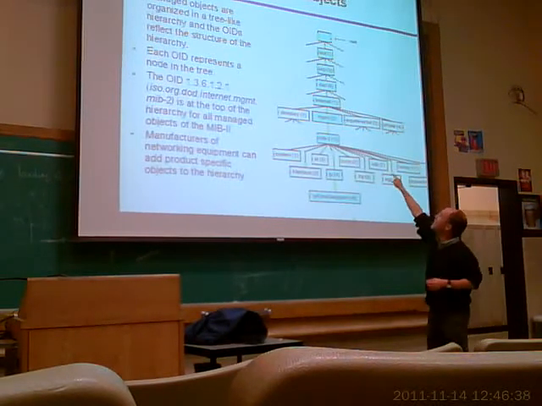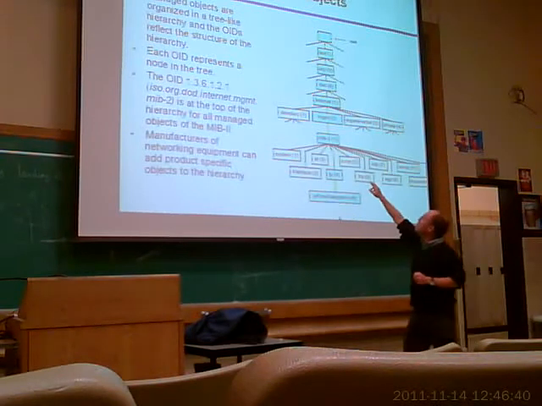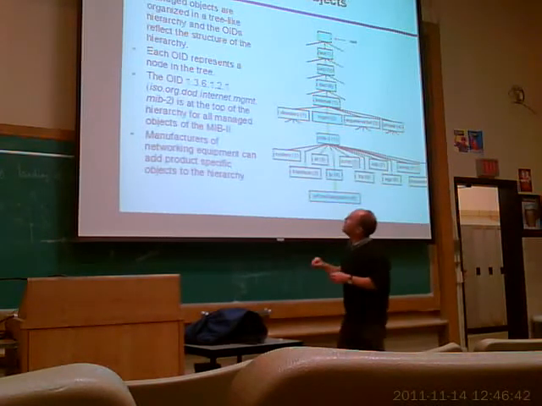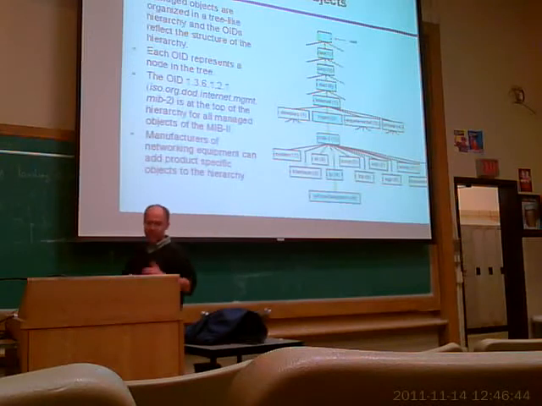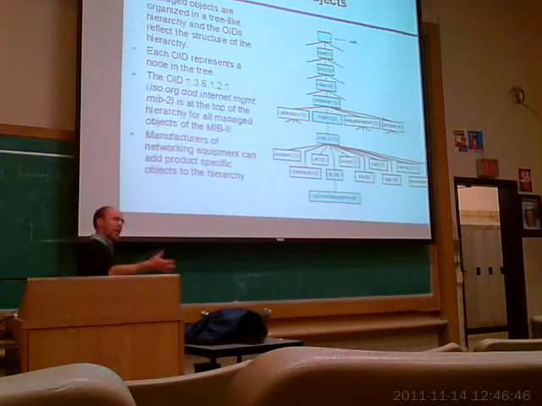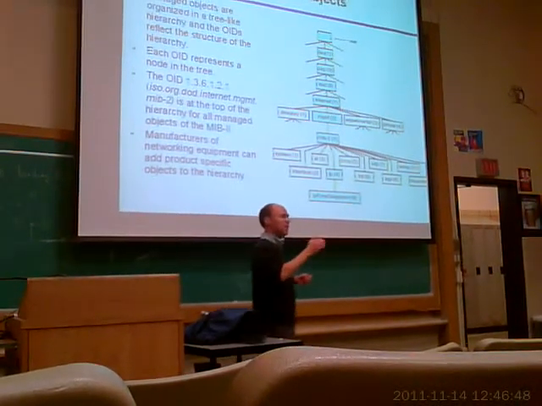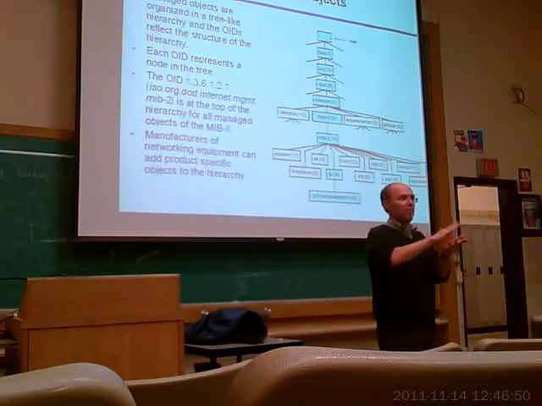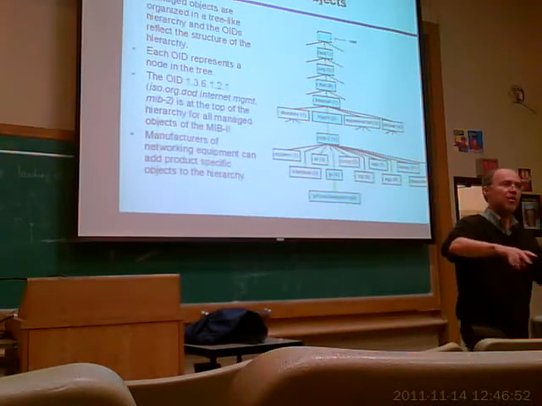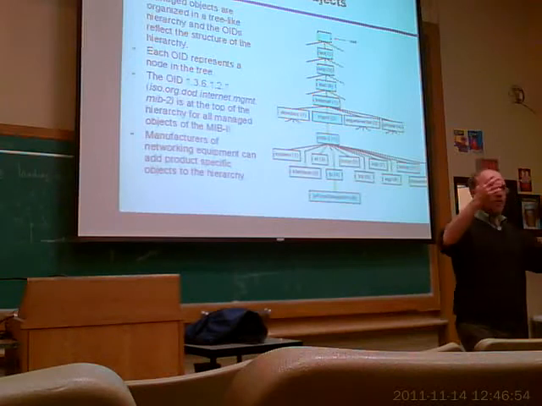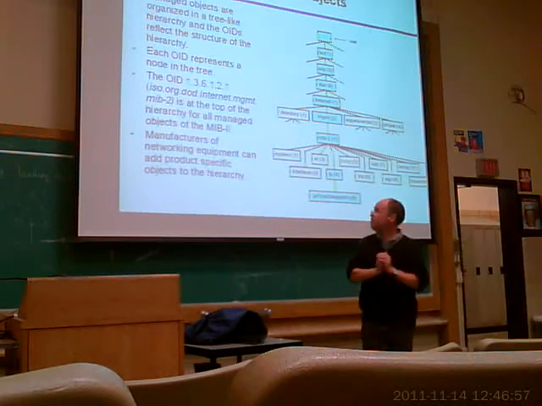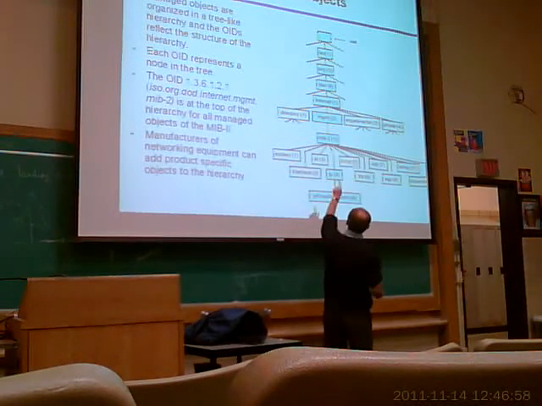And everything that's managed is management. Yeah? MIB-2 is a kind of a second version of a structure of the management information base. This is the second generation of a MIB structure. So this is MIB-2.